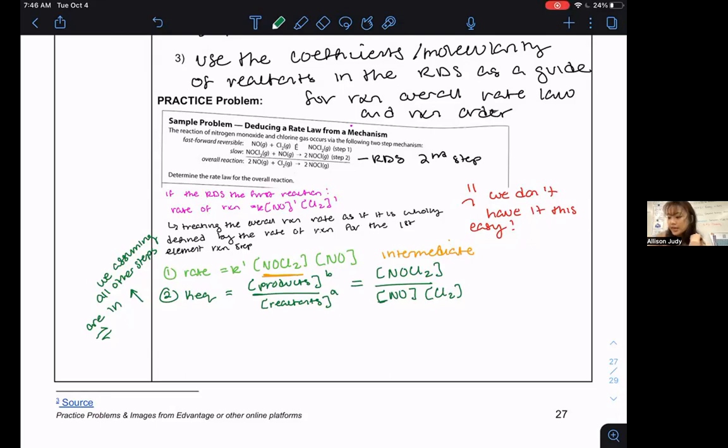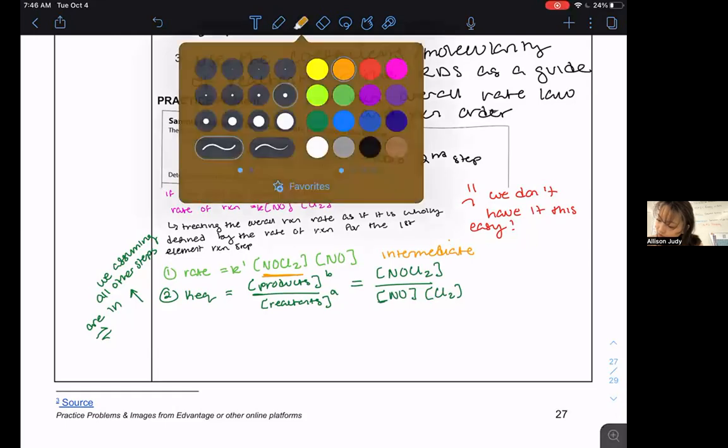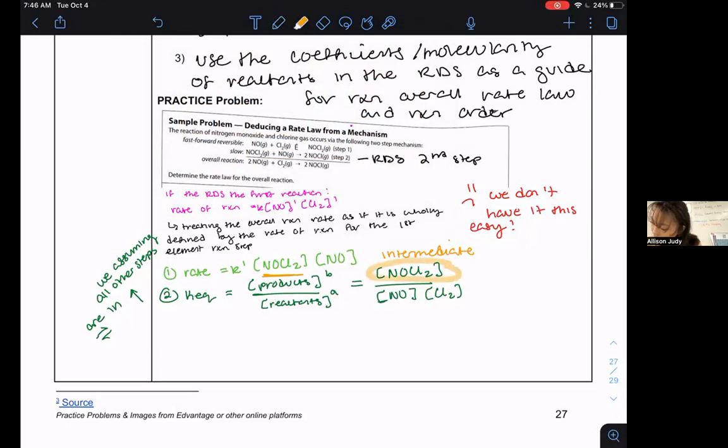We notice that we have a common molecule here. So we're going to rearrange this equation to solve for what the concentration of NOCl2 equals according to the KEQ expression, so that we can get rid of the concentration of the intermediate in our rate law.